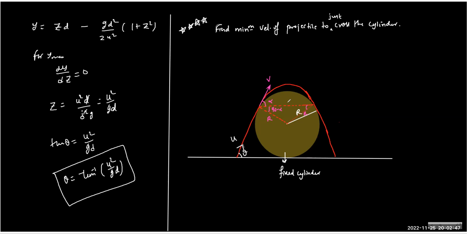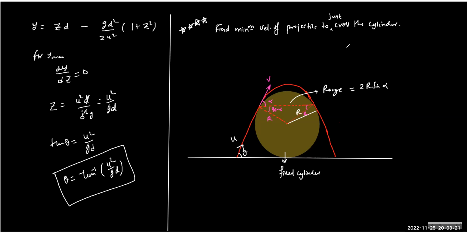Can we find the range? Let's call the radius r. So what is the range for this part, in terms of r and alpha? Can we write the range as 2r sin alpha? Yes or no?